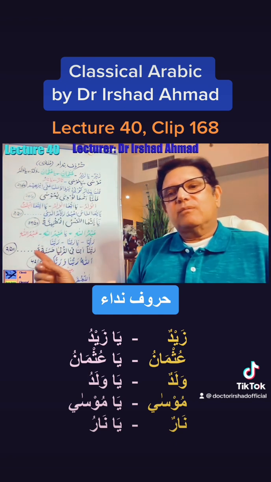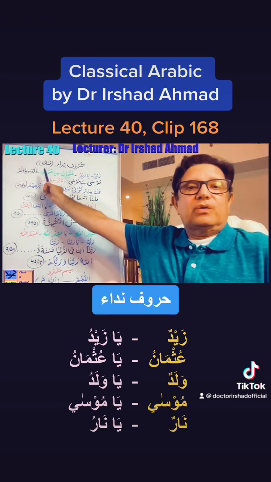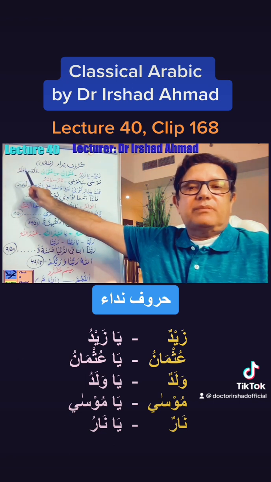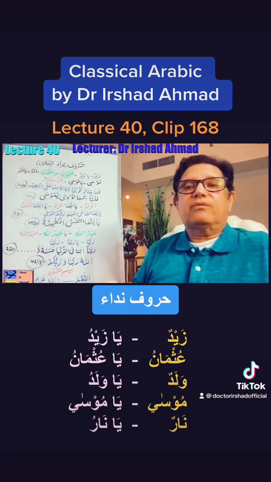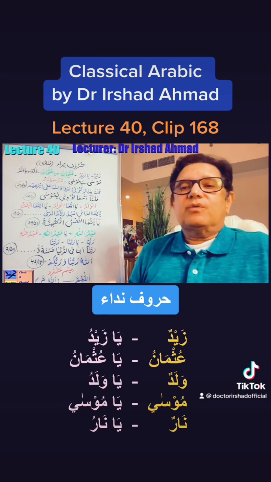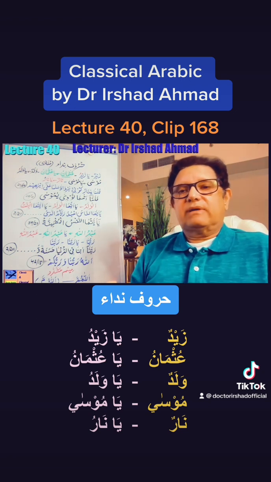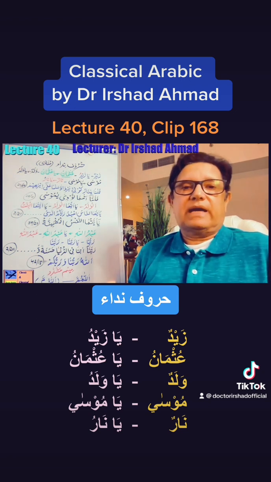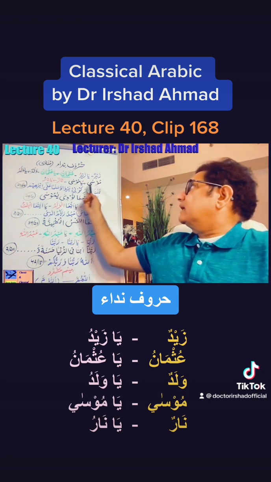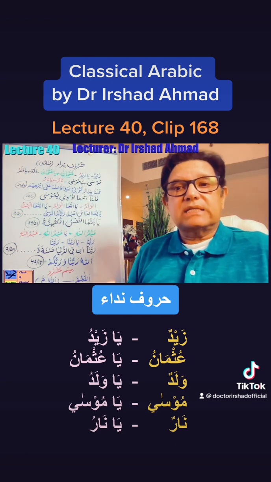And another point to note here is that waladun is although indefinite, but when we prefix this with ya and we call that boy, we know that when we point to something or when we call someone, that becomes definite. That does not remain indefinite anymore. Another ism which I've written here, and there are many more, Musa, and for example Isa as well.